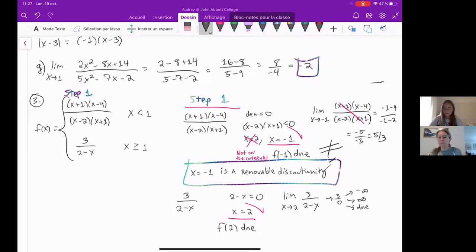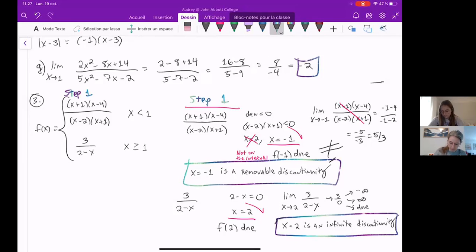This limit gave me that 3 over 0, which we know means infinity. So x equals 2 is an infinite discontinuity. And I'm done with step 1.